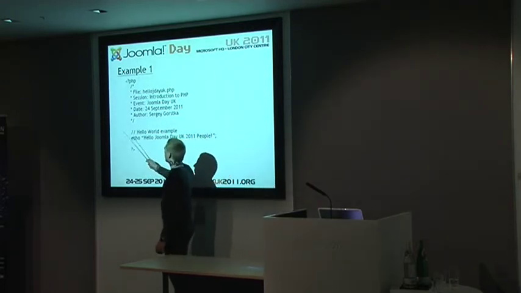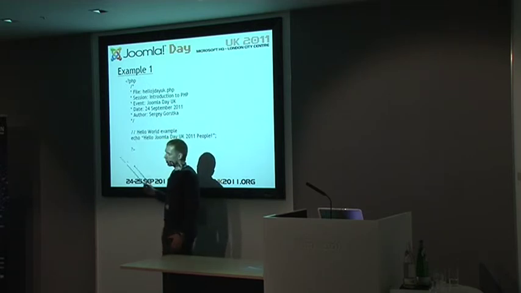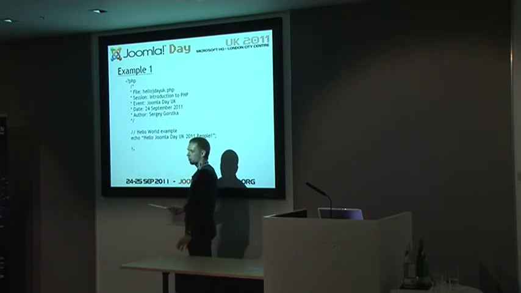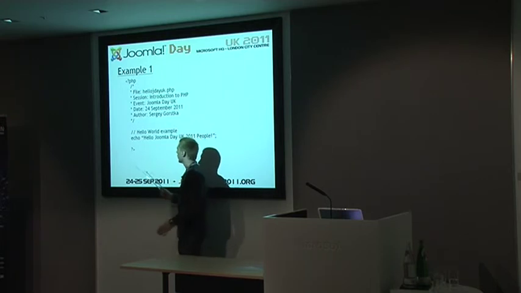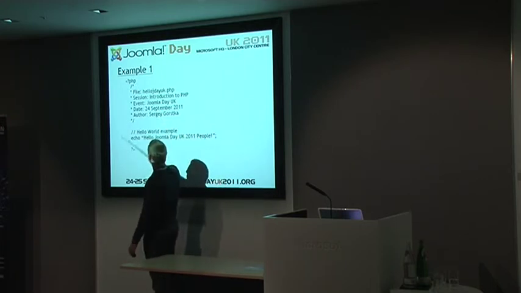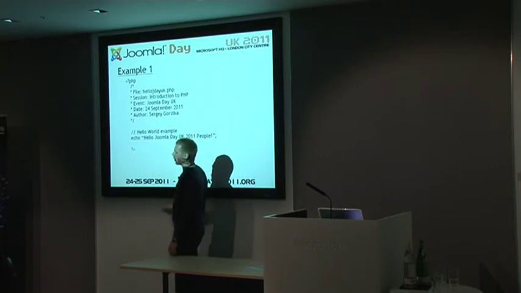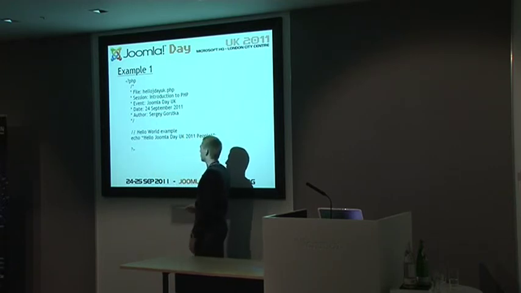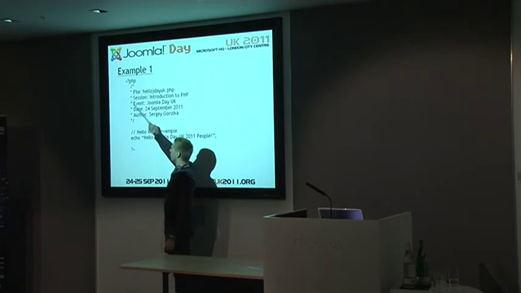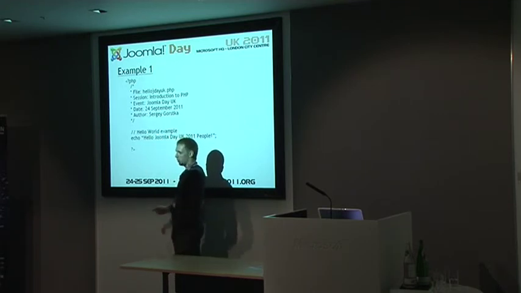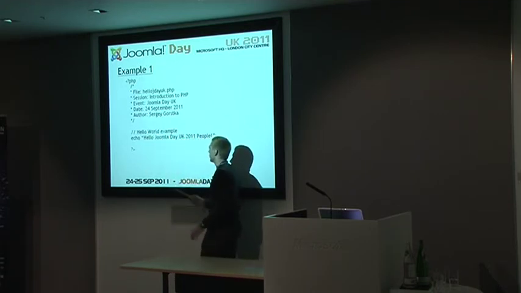So if you have a big comment, and actually most of Joomla files have this part in them, but this is just the meta information, just additional information, just the release package and stuff like that, but it's quite important for different purposes. So this is the big comment. If you have a one line comment, you can comment with 2 slashes and it will work as well. So if you put 2 slashes at the beginning of each of these lines, that will be quite the same. So it's just up to you.